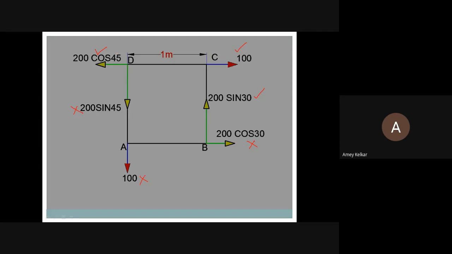Vedika, are you there? Yes, sir. Can you please help me? This force, how will it turn about point A, clockwise or anti-clockwise? Anti-clockwise. Yes, this force will come like this. And how will you find the intensity of the moment? M is equal to force into perpendicular distance. So 200 cos 45, you will multiply by what distance?